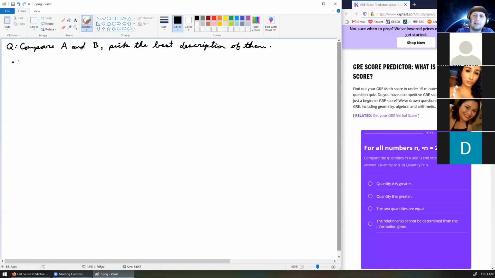So dot n equals 24 minus n. All right. What they're trying to do is be really, really sneaky math people, and they're trying to trick you.